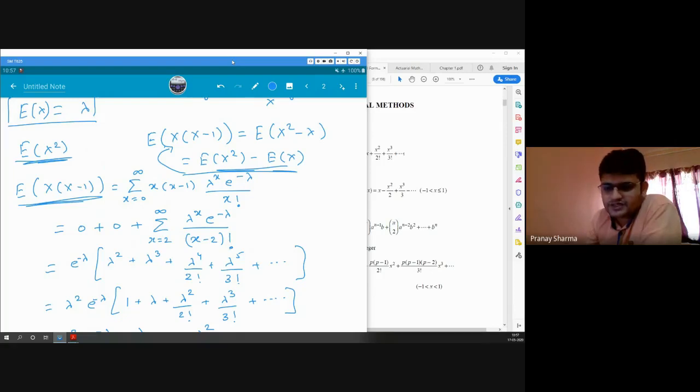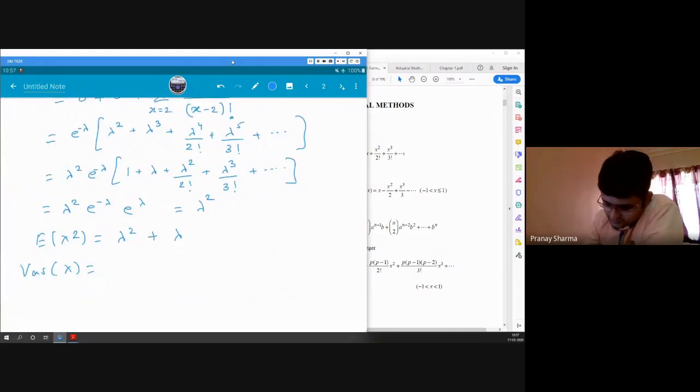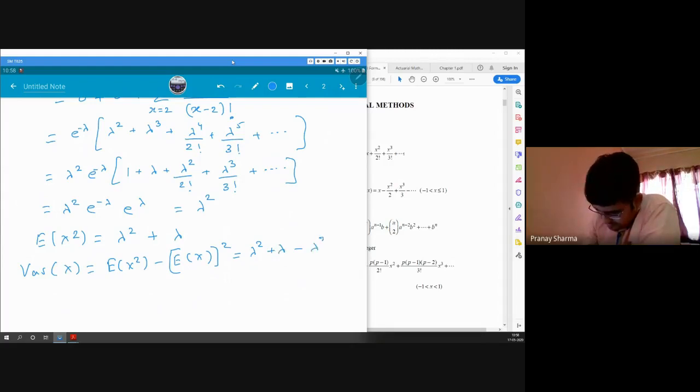It's not impossible, it's just much more lengthy. So our variance becomes lambda, right?